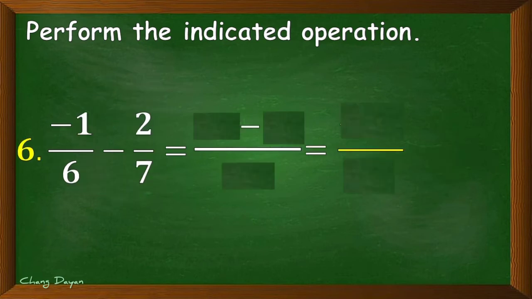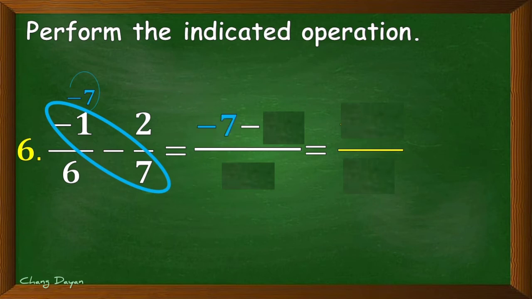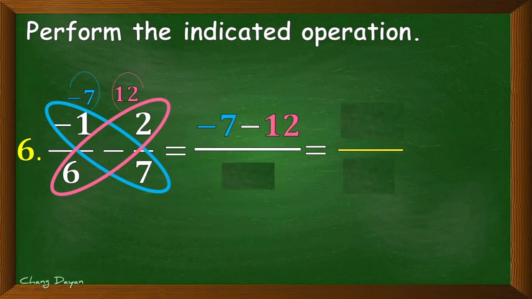Next, number 6. Negative 1 over 6 minus 2/7. Using the butterfly method, negative 1 times 7, the answer is negative 7. Then, 2 times 6, the answer is 12. Then, i-multiply ang denominator. 7 times 6, the answer is 42.